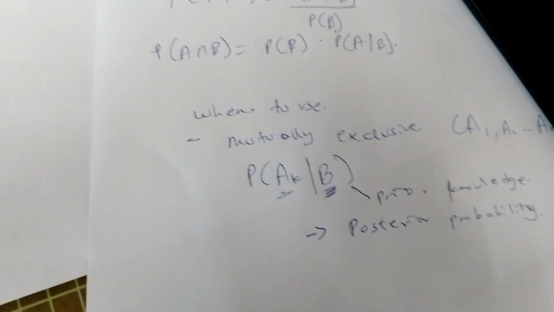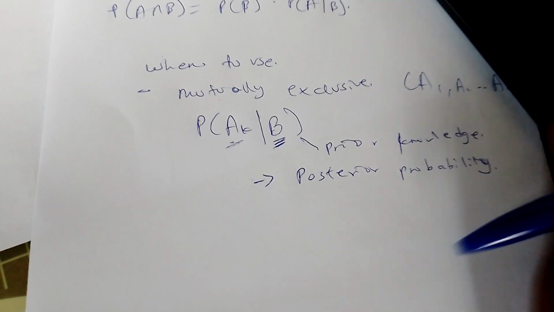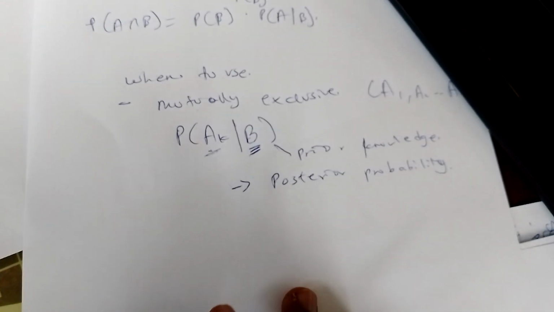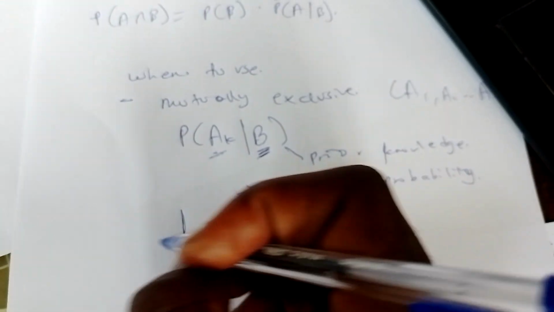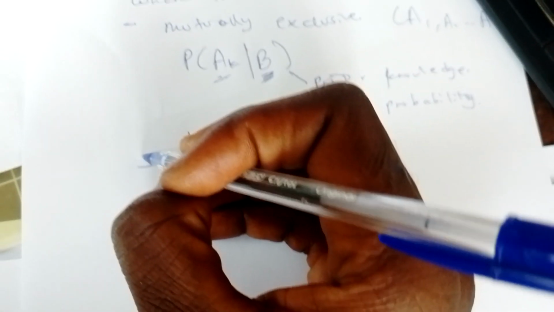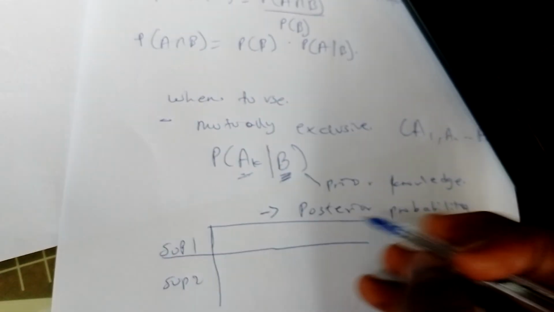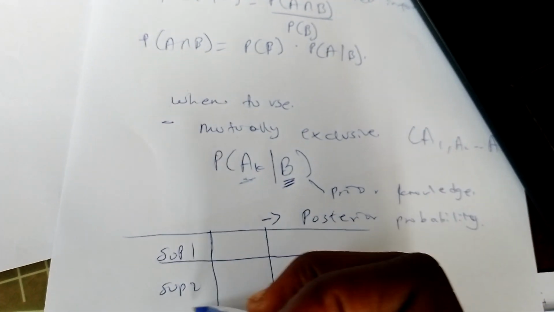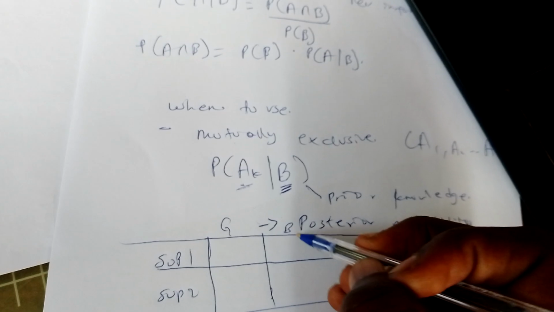Let's pick an example. We'll solve one example and then go on to solve some more. We'll solve 3 examples from this lecture. So one is that we are going to pick some suppliers: supplier one and supplier two, with good and bad items.